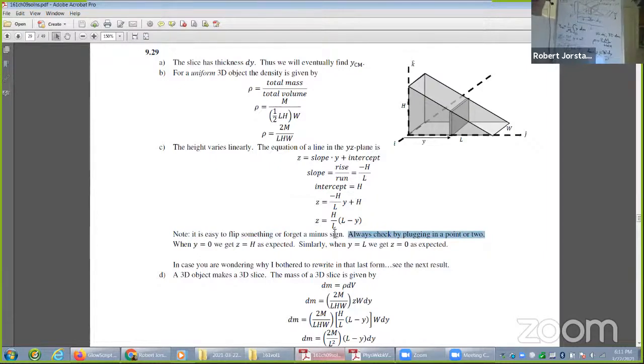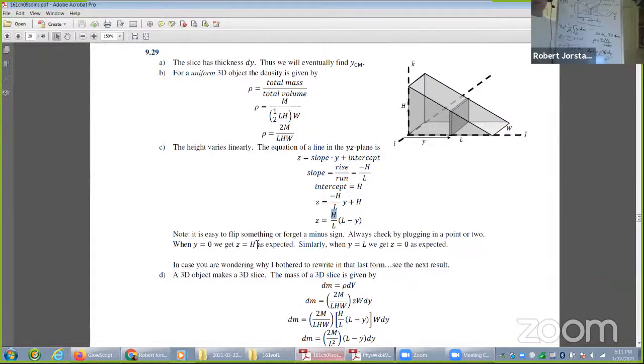Always check by plugging in a point or two. So when you write down your equation of a line, always check it. When you stick in y equals 0, this drops out, the L's cancel, and I get H. That's a good sign.